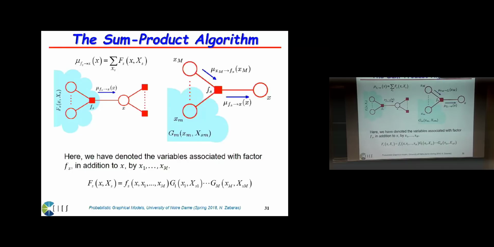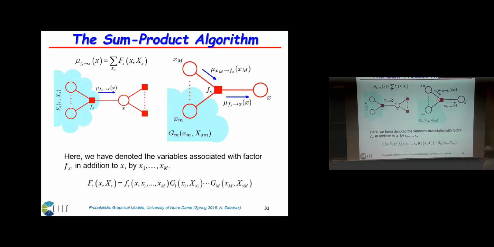Remember, this is a potential that connects, let's say, node x1, x2, whatever xm. This is just for demonstration purposes. And there is the little node x that's a neighbor of fs, and I want to find the message that this factor node sends to little x. This factor is a function. Will you agree this is a function? All right?